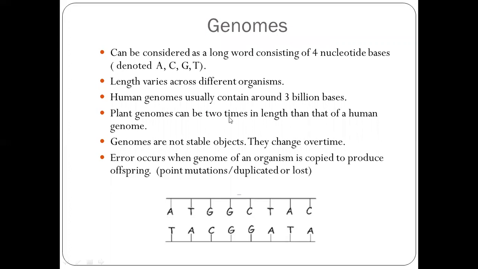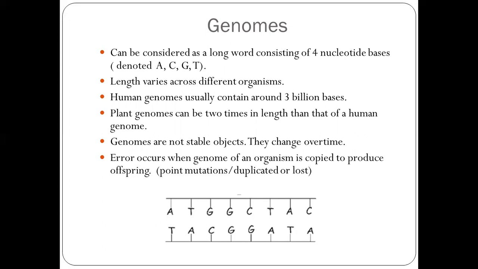Before we jump into the applications of persistent homology to biomolecular data, we need to discuss some biological terms. Starting with genomes. Genomes can be understood as a long word consisting of four nucleotide bases denoted by A, C, G, and T. The length of the word varies across different organisms.